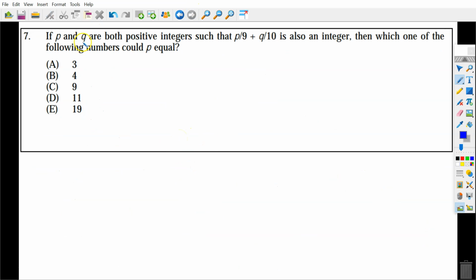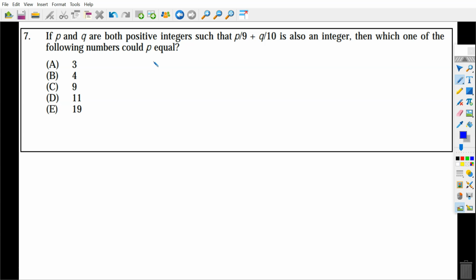All right, let's move on to our last problem. It says if p and q are both positive integers such that p over 9 plus q over 10 is also an integer, then which of the following numbers could p be equal to? Since p and q are positive integers and we want p over 9 plus q over 10 to be also a positive integer, p must be 9.